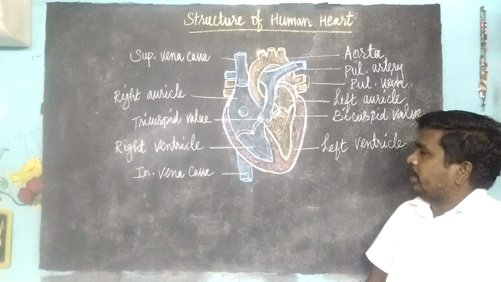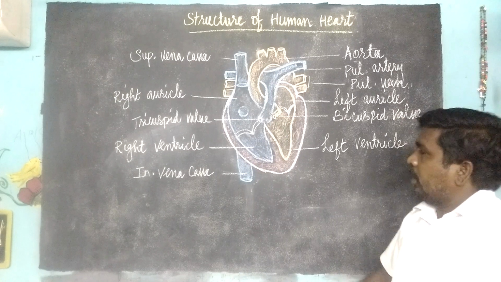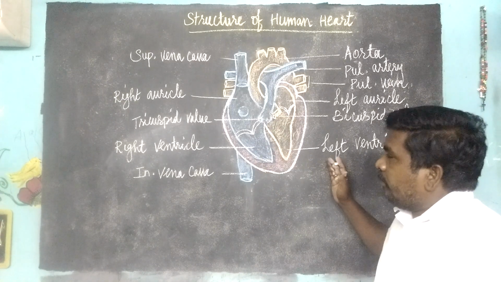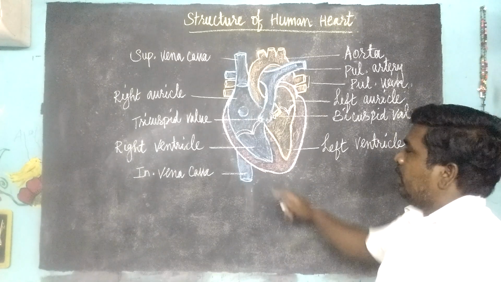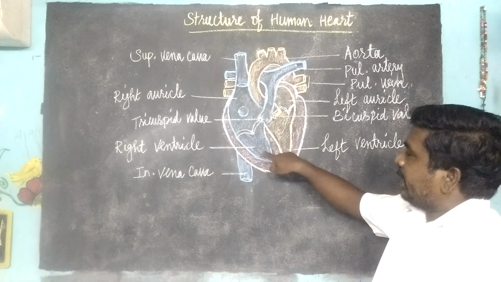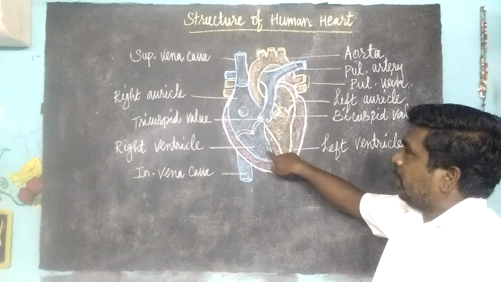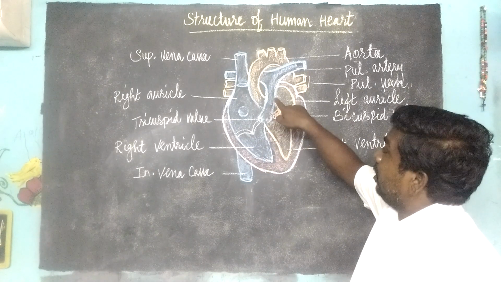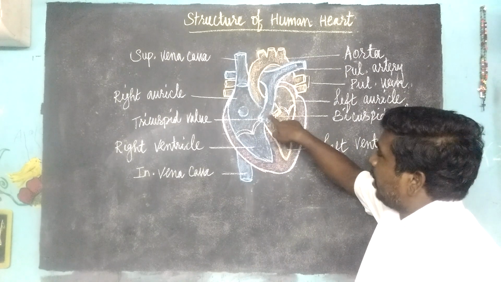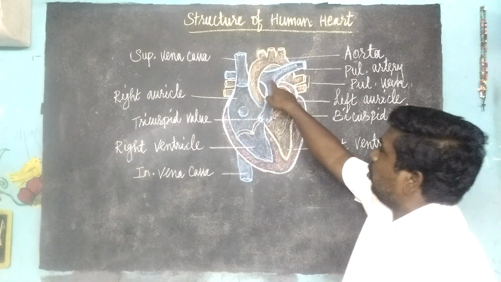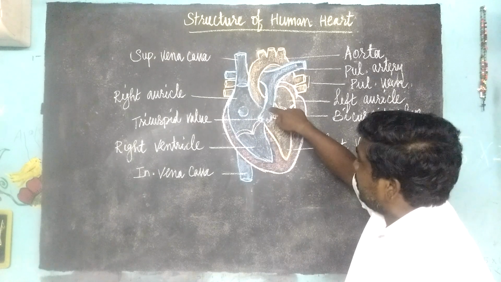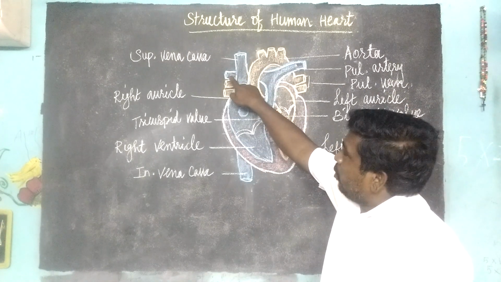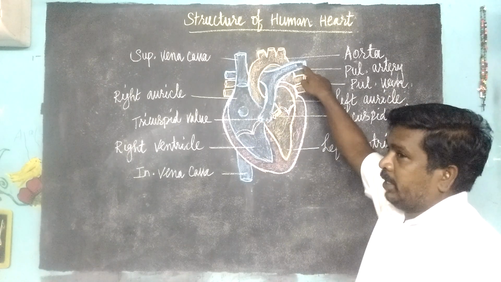Okay, first one, the right ventricle. When the blood reaches the right and left ventricles and the ventricles contract, deoxygenated blood is pumped from the right ventricle into the pulmonary trunk. The pulmonary trunk divides into the right pulmonary artery and the left pulmonary artery.